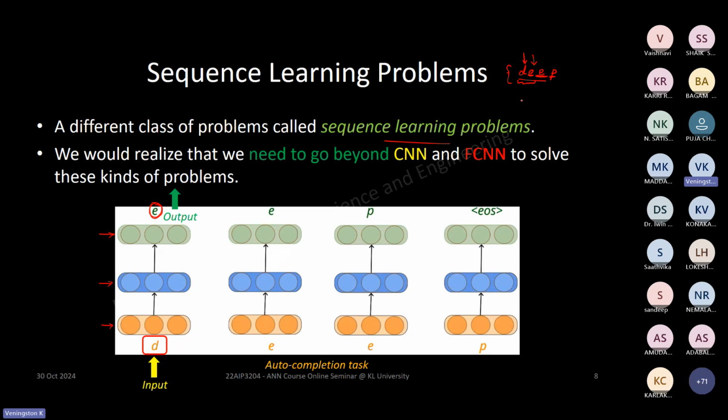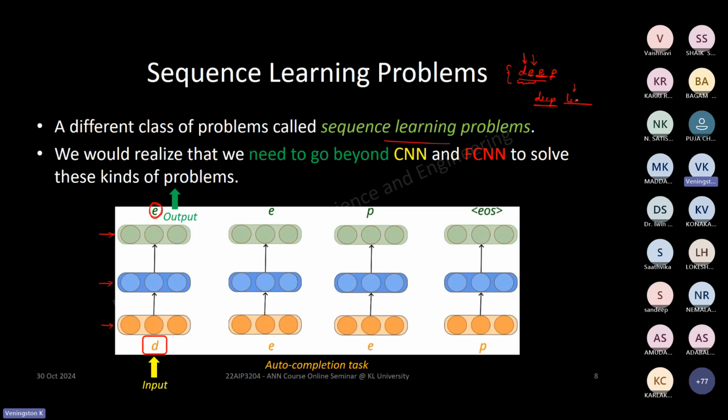So auto completion could even be in terms of word by word. For example, let's say after the user has typed "deep", what could be the next word that the user would most likely type? You can also design a sequence learning problem of this kind, which can suggest or recommend the most suitable words that could come immediately after typing "deep".